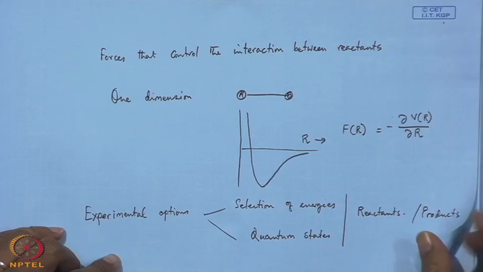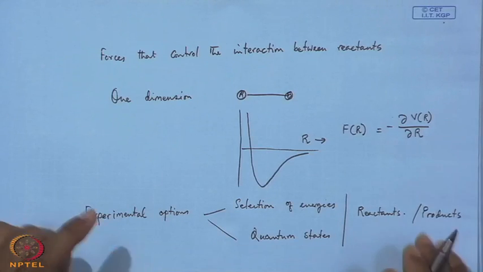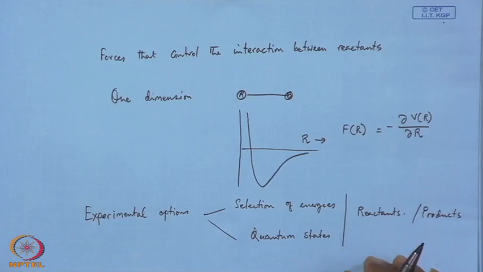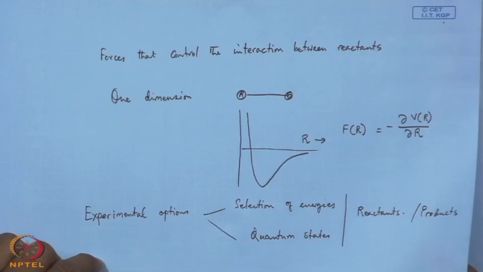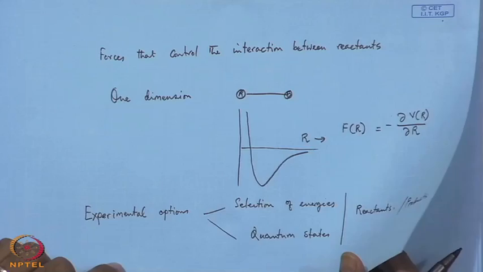We have to ensure that when there is a distribution in different quantum states for the reactants and also for the products, it is not scrambled due to collisional exchange of energy.